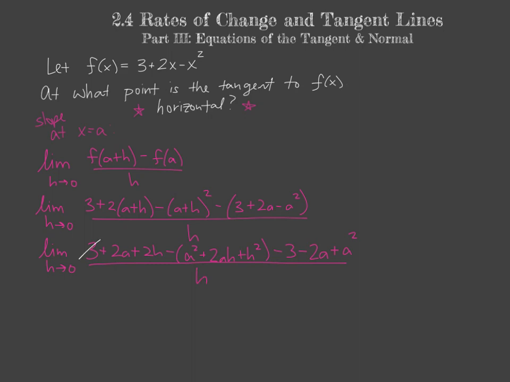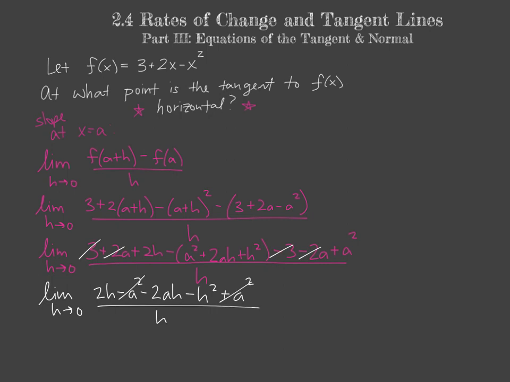It looks like we have a positive 3 and a minus 3 and a plus 2a and a minus 2a. So I'm going to keep going from this point. The limit as h goes to 0, we have 2h minus a squared minus 2ah minus h squared, and then plus a squared. Great, so the minus a squared and plus a squared cancel, and I forgot it is all over h.